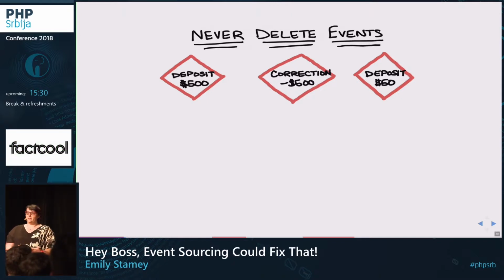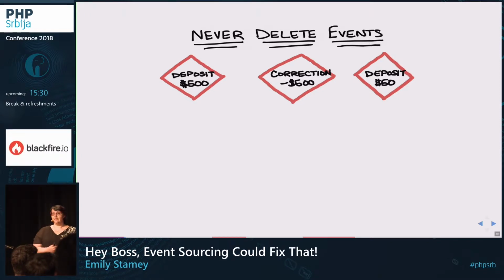The reason for this is that your event store is a history of your application. It is your audit log of everything that has happened in your application, all the events that you want to record. If you were to go in and delete parts of your history, then you would undermine how reliable that was.